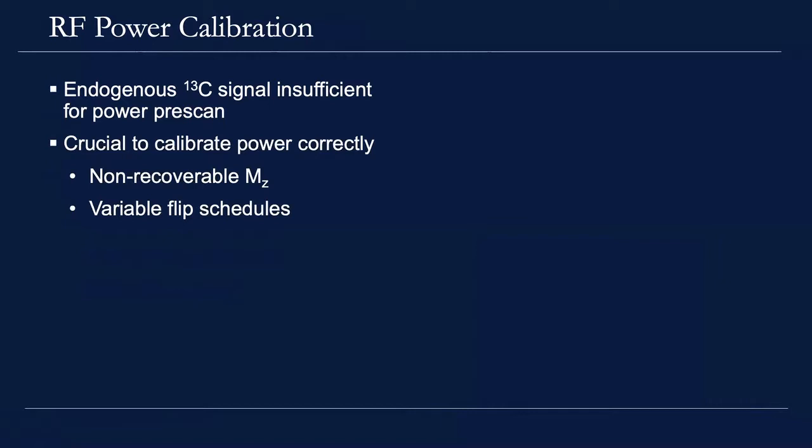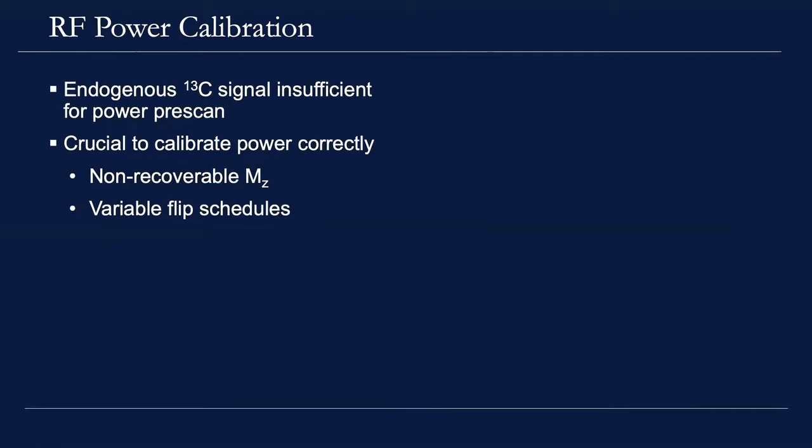We have non-recoverable magnetization, which means that if we play out too high of a flip, we're going to saturate our signal. And it's important for, as we'll talk about in a few slides, this concept of variable flip angle schedules where you're ramping up your flip angles through time. You need that to be accurate when you do your correction and your rate constant calculations.